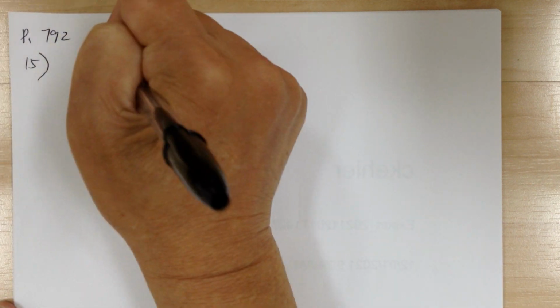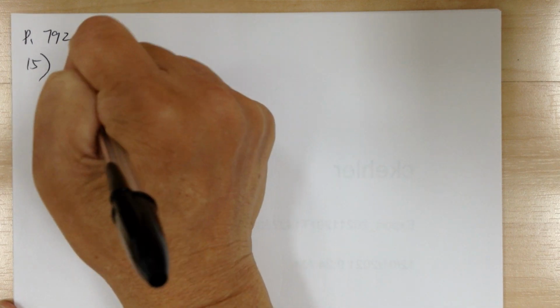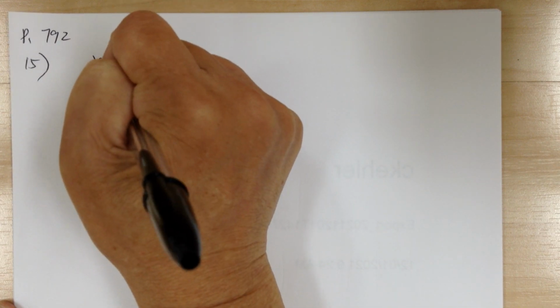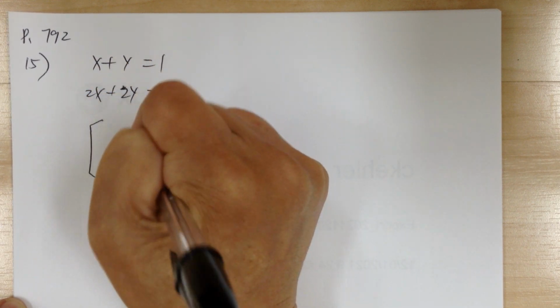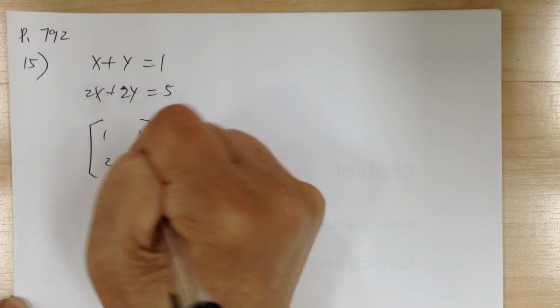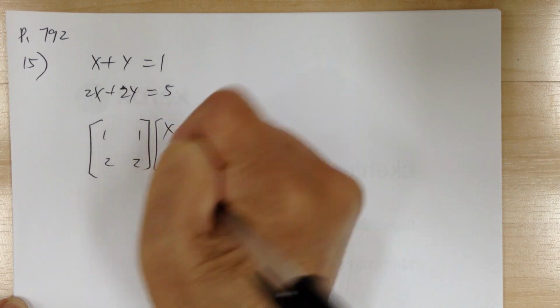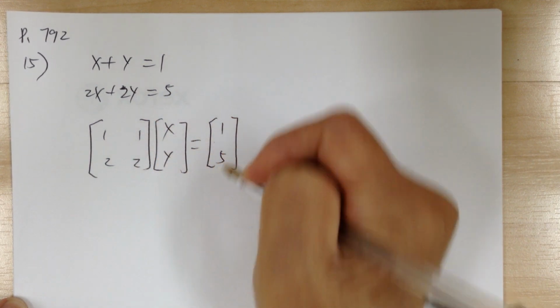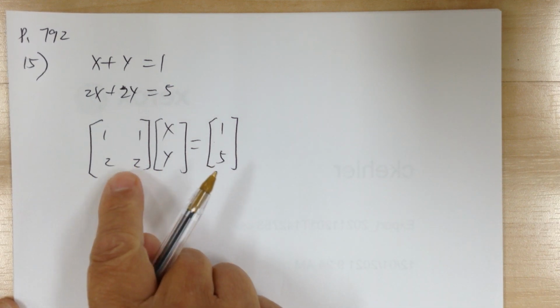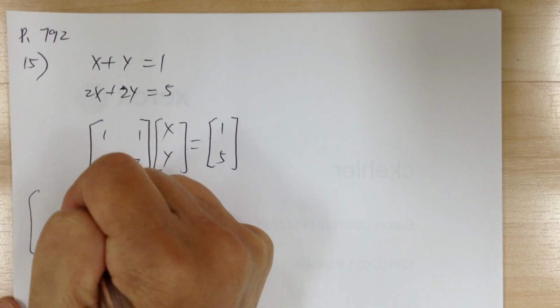You got x plus y equal to 1. You got 2x plus 2y equal to 5. So you got 1, 1, 2, 2, times x, y equal to 1, 5. Again, to get rid of this, we need to multiply by its inverse.